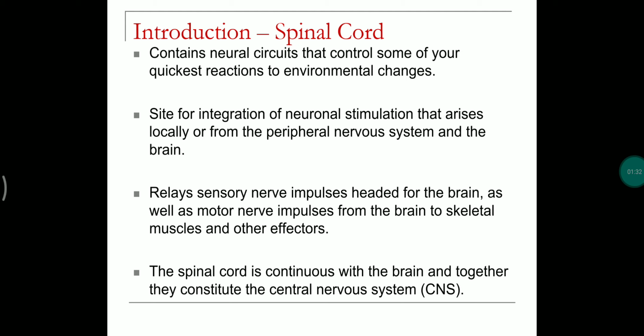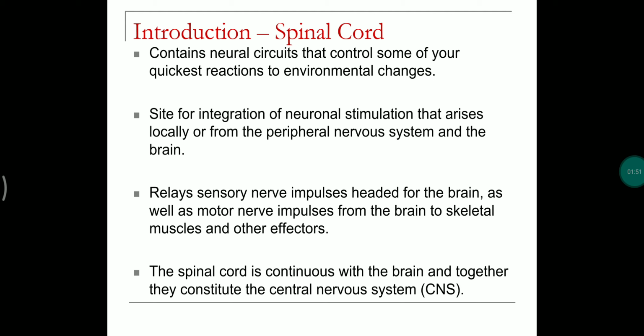So here it stays for a few milliseconds where it converts the sensory impulse into a reflex impulse, and at the same time it also sends it to the brain for a motor impulse. That is called relaying of sensory impulses.